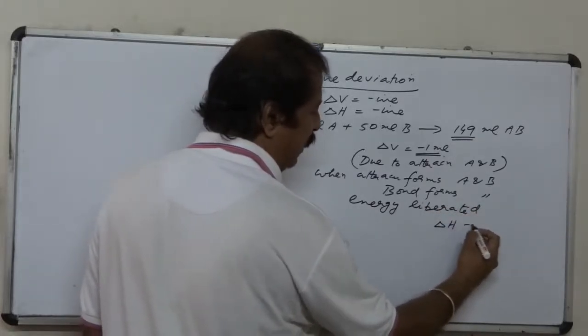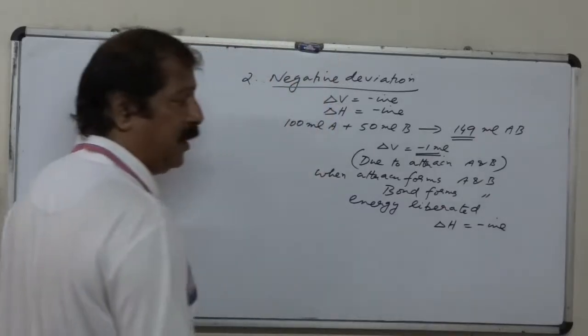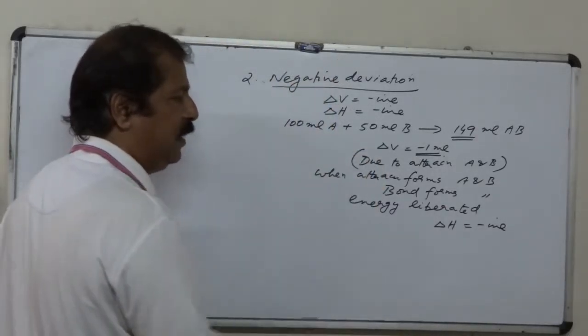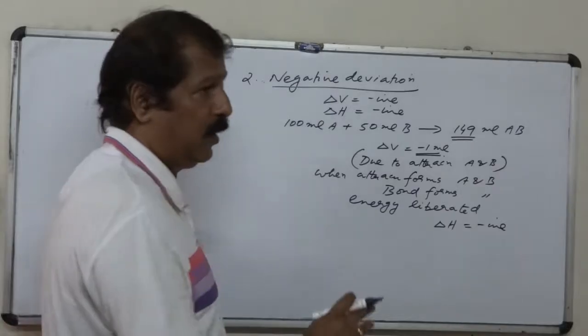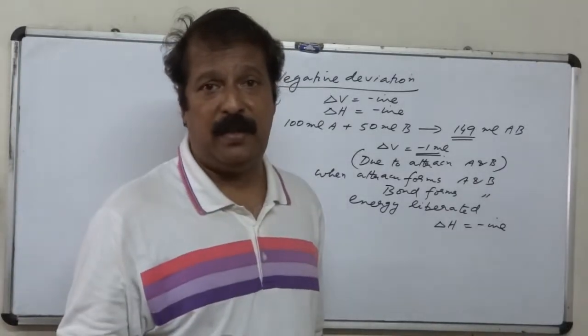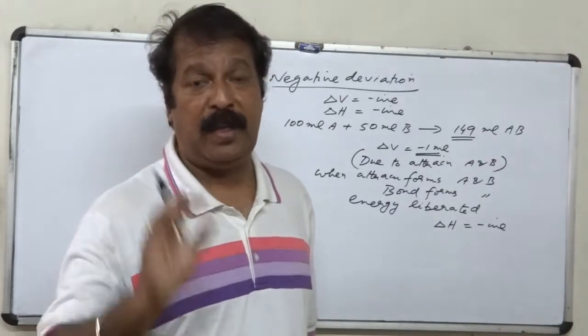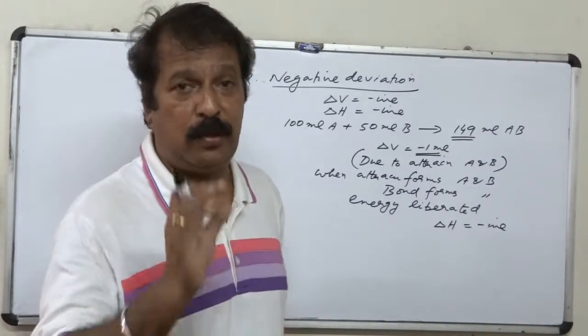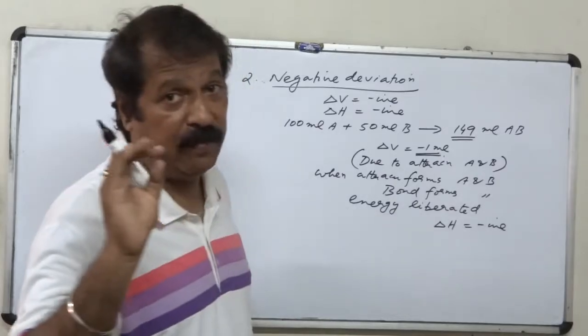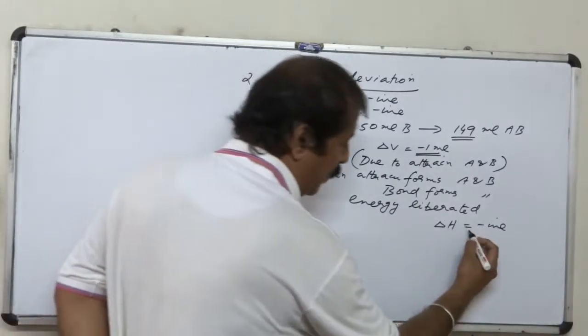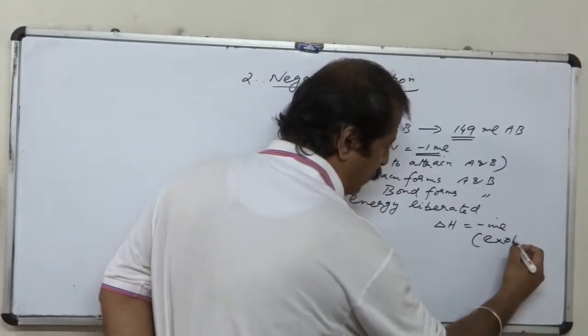Delta H is a negative value. So delta V is negative and delta H is negative. After preparing such a solution, if you touch the bottle or beaker, you can feel the hotness, because delta H is negative and the process is exothermic.